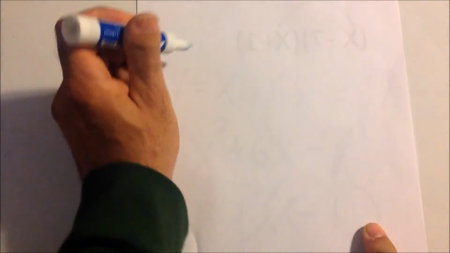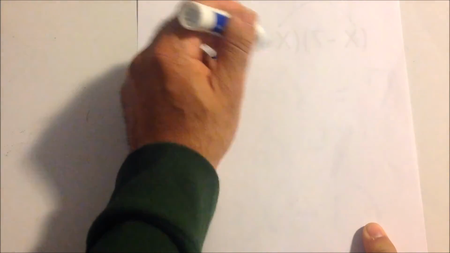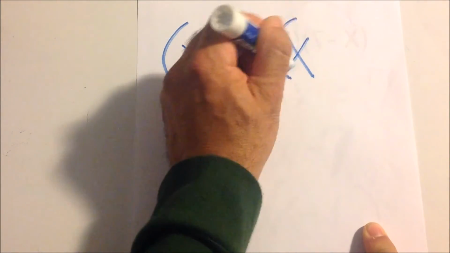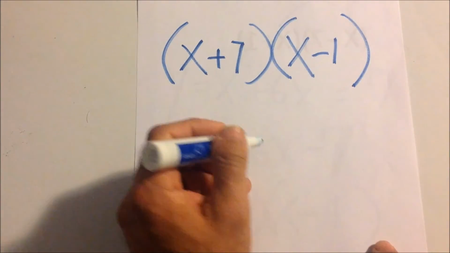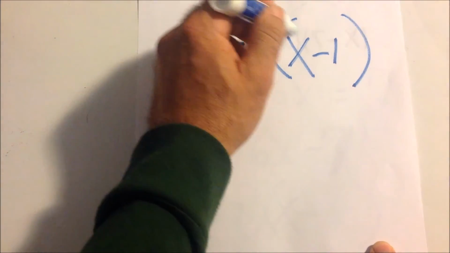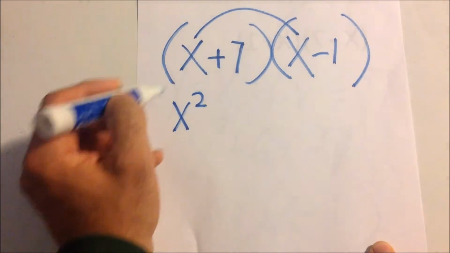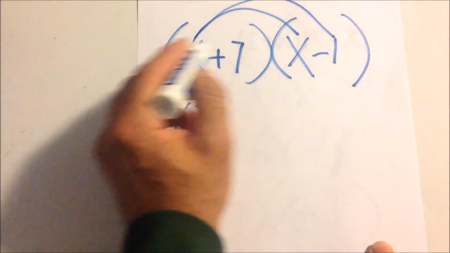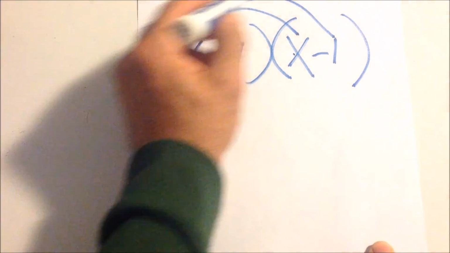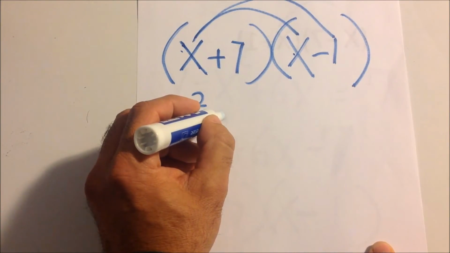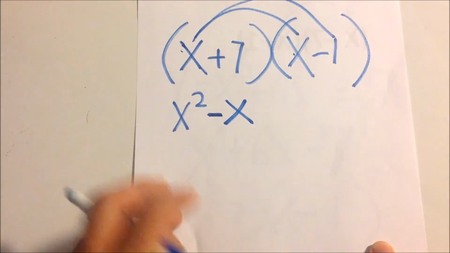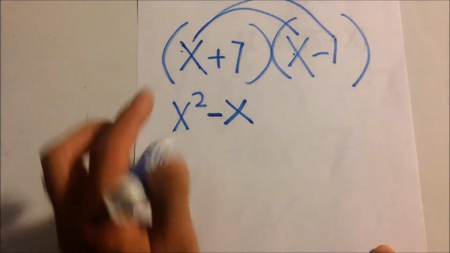So let's try now. Right over here we'll say, see if this works, x plus 7 is one binomial, and x minus 1 is the other binomial. Doing FOIL here, we have x squared. Remember, we did first times first, outside times outside. We have a negative x, it's negative 1x, but we can just say negative x.